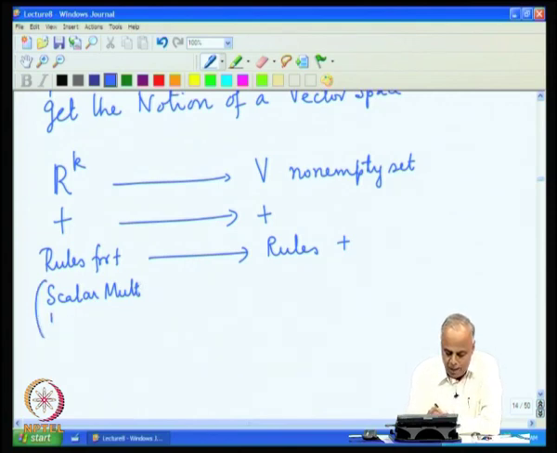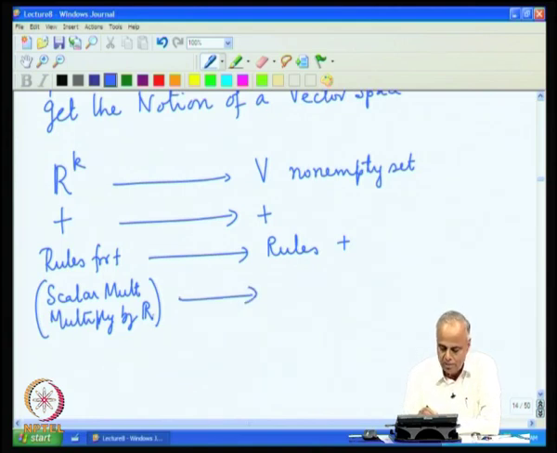So, multiply by R. Now, this has to be generalized. This R is replaced by what is known as a general field. F is a field, we will see more examples when we deal with examples of vector spaces.